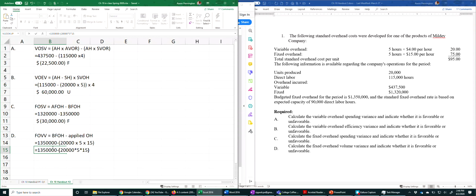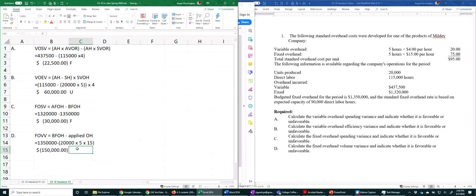And we get 150,000 favorable. So it looks like the company made out like rock stars as it relates to fixed overhead. Spent considerably less. So that's a quick fly through of the variable overhead spending variance, variable overhead efficiency variance, fixed overhead spending variance, and fixed overhead volume variances.